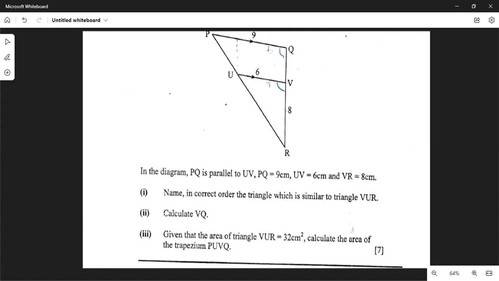Then angle P is going to be the same as angle U from our corresponding angles again. Then the two triangles share angle R. So now we can name the triangle similar to this triangle UVR according to the equal angles. So let's just put it here. Triangle, what was the triangle again?